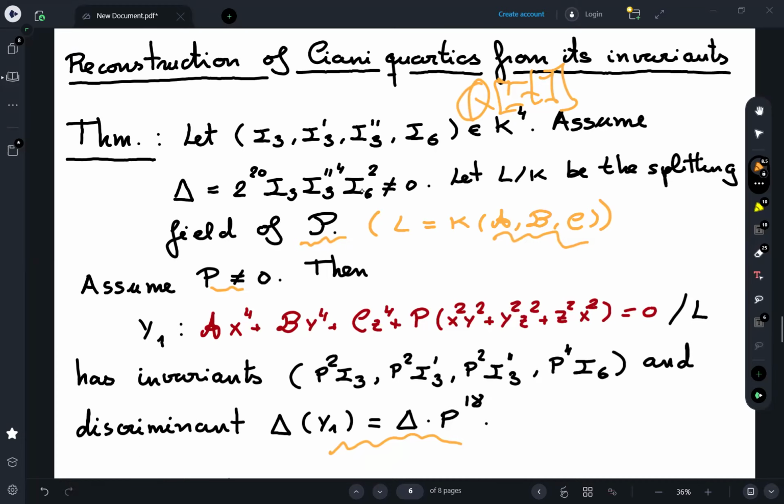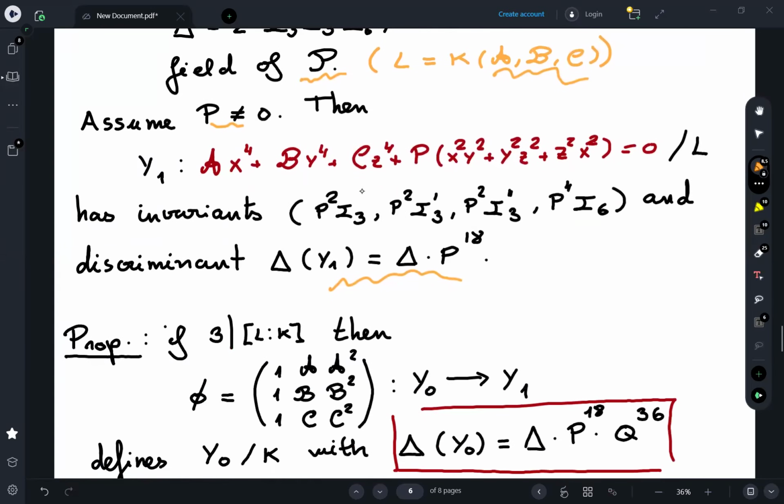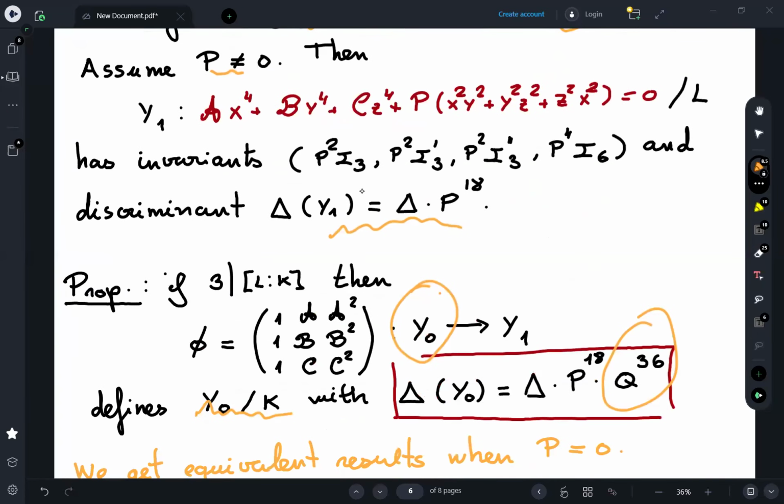The nice thing is that we can also give, for instance, in the case where the degree of L over K is a multiple of 3, an isomorphism that defines a model over K. But the price to pay in this case is that the discriminant is now increased by another factor proportional to Q. So the problem is that you started maybe with a nice set of invariants for which the discriminant was controlled, you didn't have very bad primes, but in order to get a curve with the given invariants defined over the field you were interested in, you may get some extra factors.